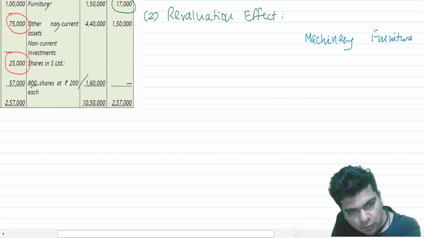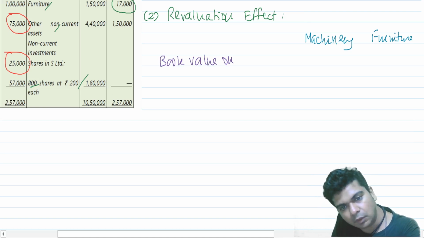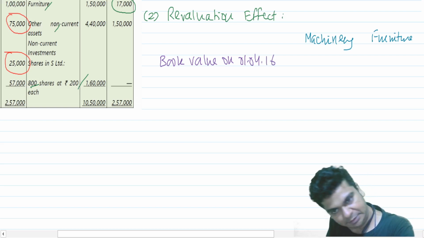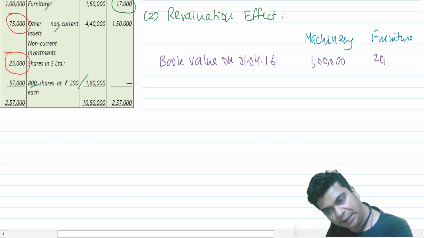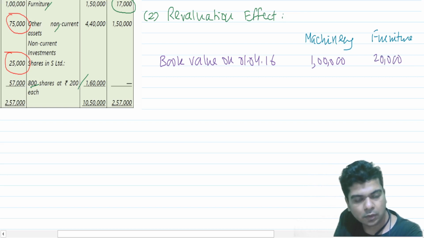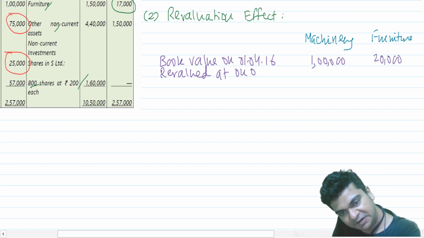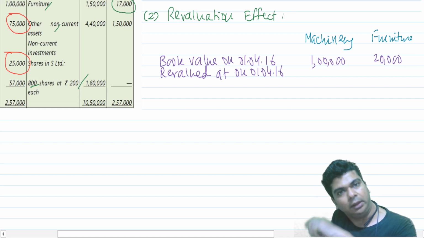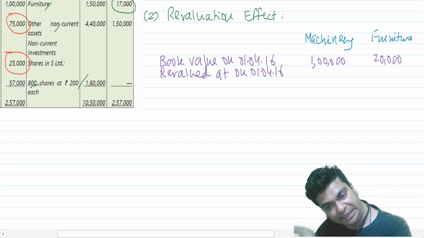See, we say book value on 1st April 16. I have the question with me, I am copying from it. Use information 2 in brackets. They have given you 1,20,000. And then we say revalued at on 1st April 16. Remember, the book value and the revalued amounts both should be on the same dates.